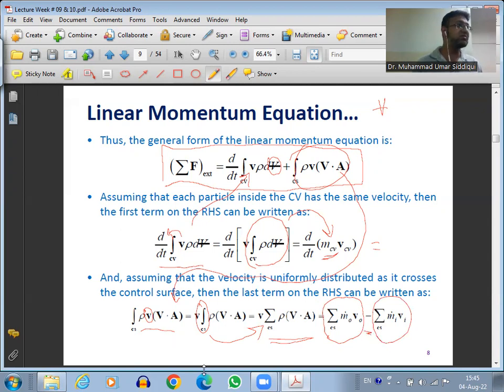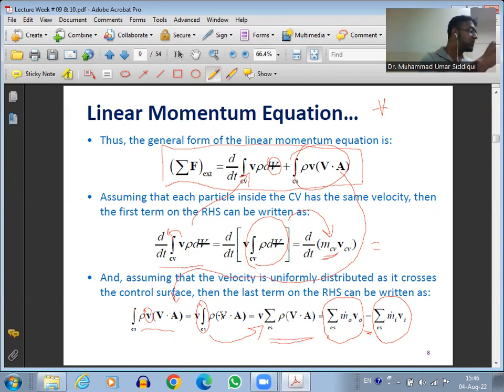Now, why is this negative there? This is something we discussed in the last class. Because this is a dot product of velocity and area, whenever the fluid is going out of the control volume, the velocity and area have the same direction, so it is considered positive.